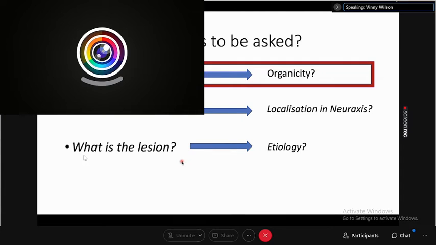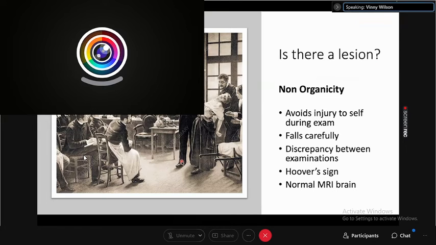And some of the clues as to the non-organicity of a lesion come from the examination. So when you examine patients with non-organicity, typically you would examine a patient with hemiparesis lying on the bed, and typically these patients are young women.